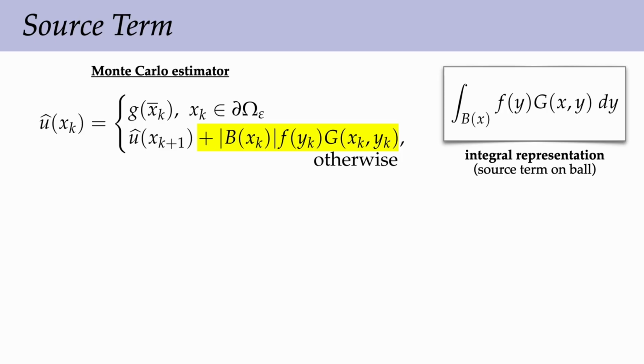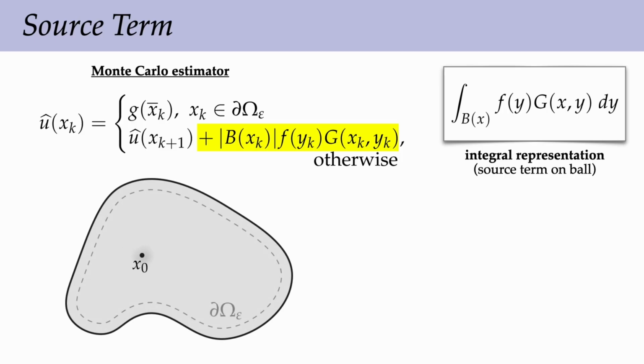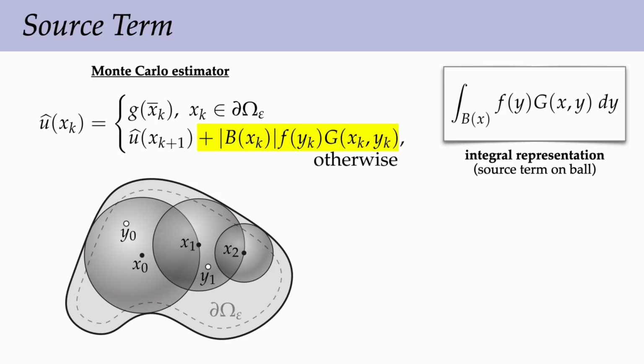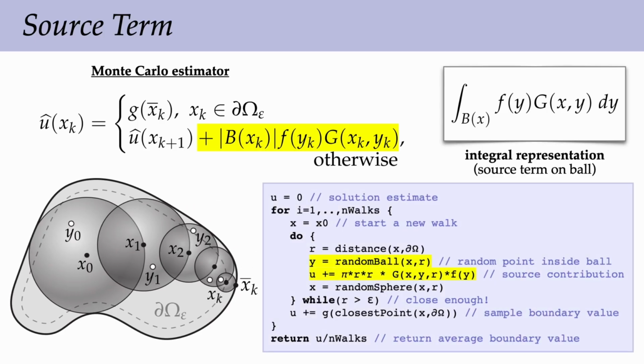Our overall estimator is then the same as before, except that we now add this additional contribution at each step, right? So instead of just sampling the next point x sub k, we also sample a point y sub k inside the ball at each point, and then finally jump to the boundary. Likewise, our code gets longer by just a few simple lines.